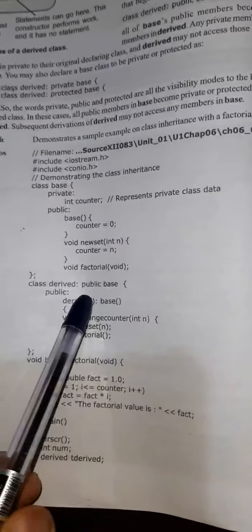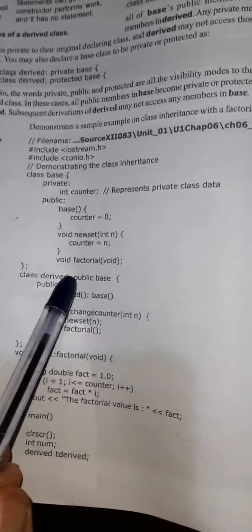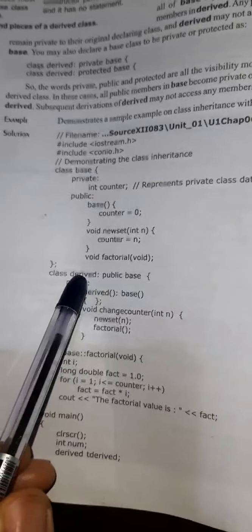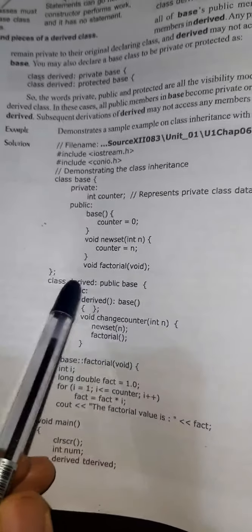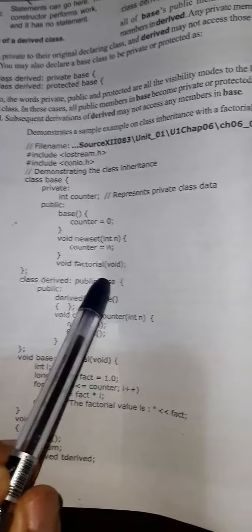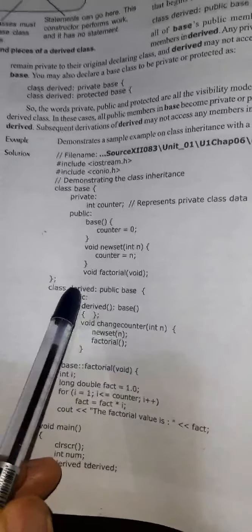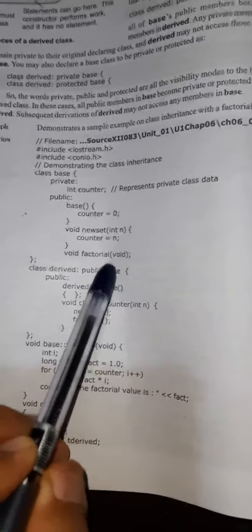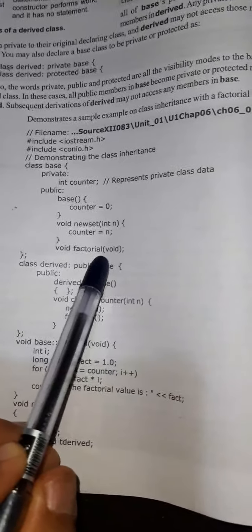Here you use one colon. This colon indicates that the derived class name is obtained from the base class name. It links this derived class with the base class, meaning the class derived is obtained from the base class.